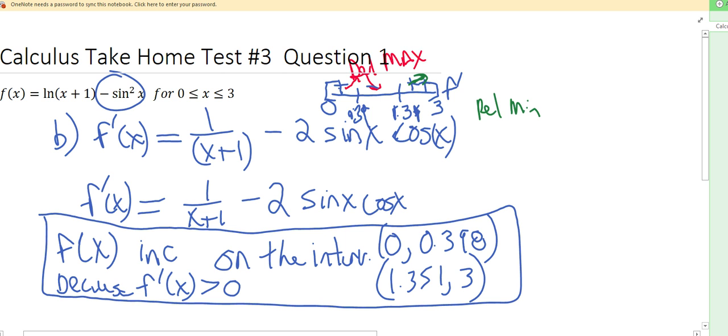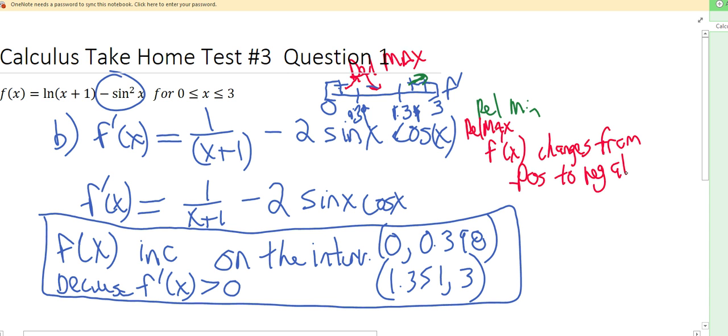And of course the justification, the reason it's a relative max is because the derivative f prime of x changes from positive to negative at x equals 0.398. So that's good justification as to why we're going to use that as a test.